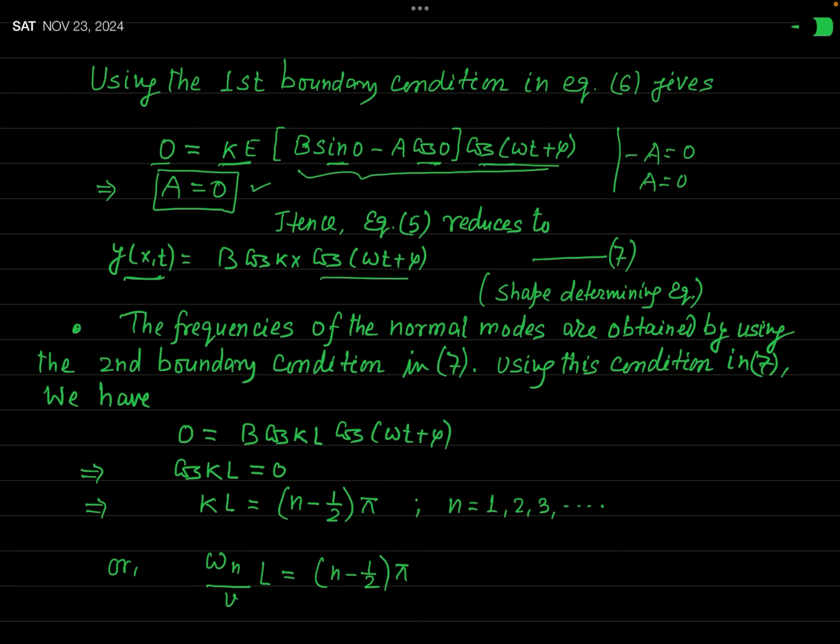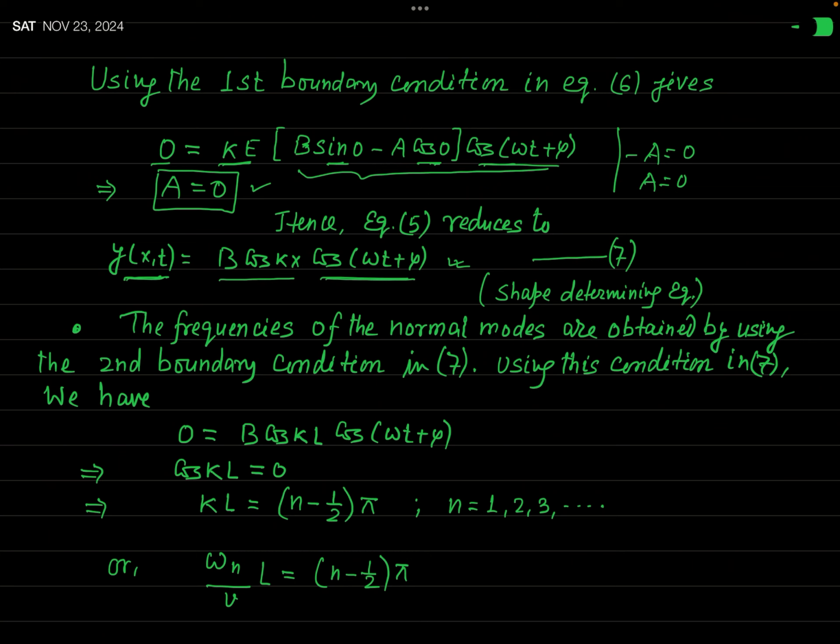But A is 0, so now y of x,t can be given as B times cos kx times the cosine of this much. Actually, you will see later on that this equation will be used to find the shapes of the vibrating air column in different modes of vibration.